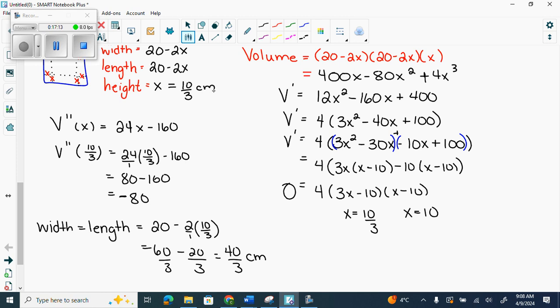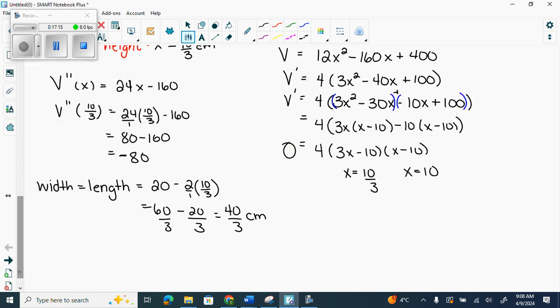So then you have to have a statement that says the dimensions of the box. That's the next question.